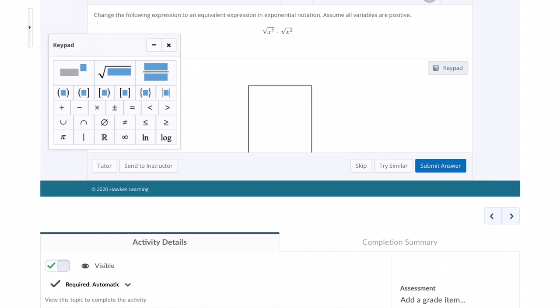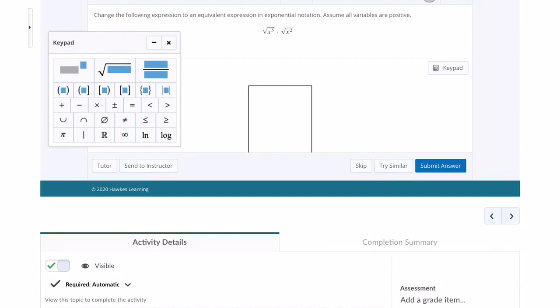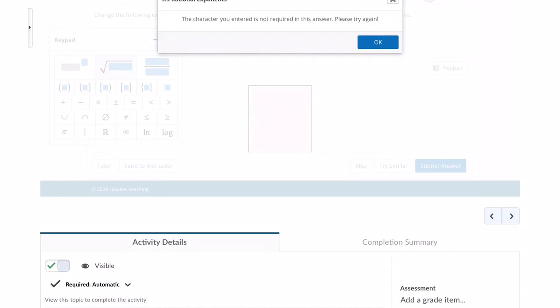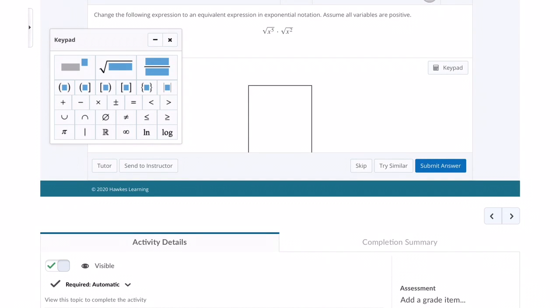All right, so I'm going to input my answer here. Again, this is the square root. Oop. All right, so the reason it's not allowing me to bring up that square root is that every time I hit the square root, it tells me the character you entered is not required. So if I go back and read the instructions here, I notice it says change the following expression to an equivalent expression in exponential notation.